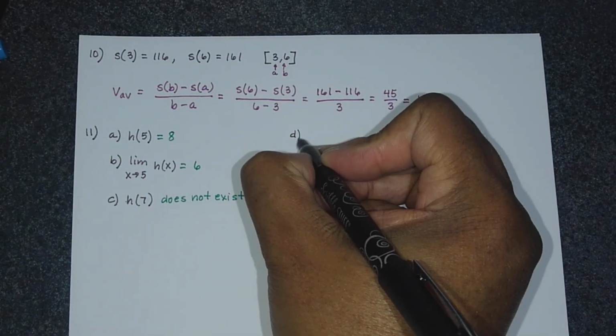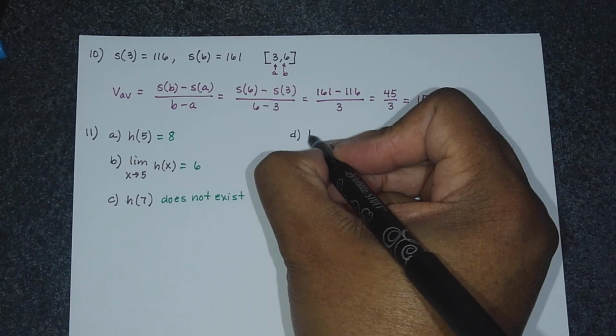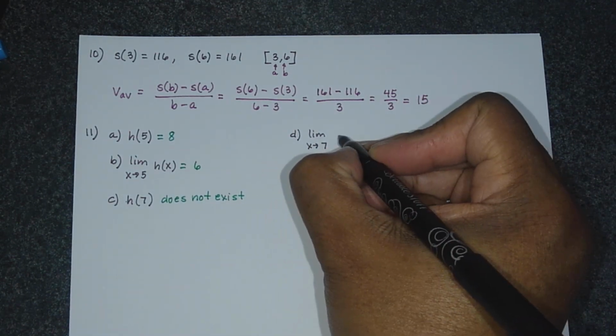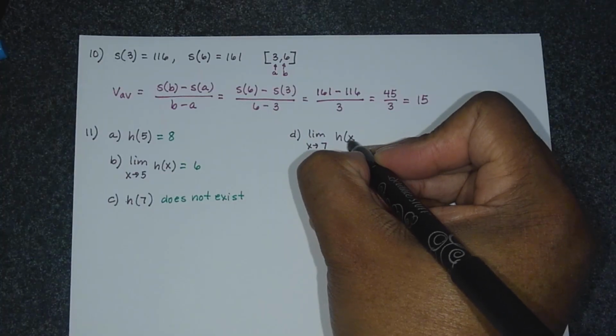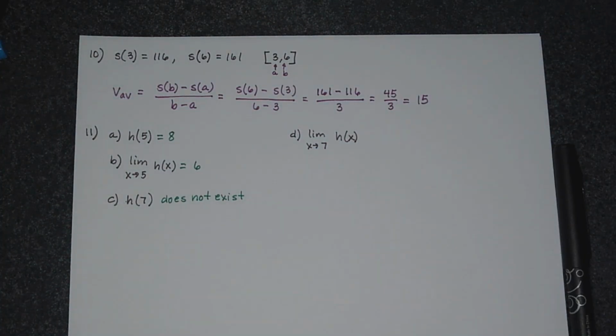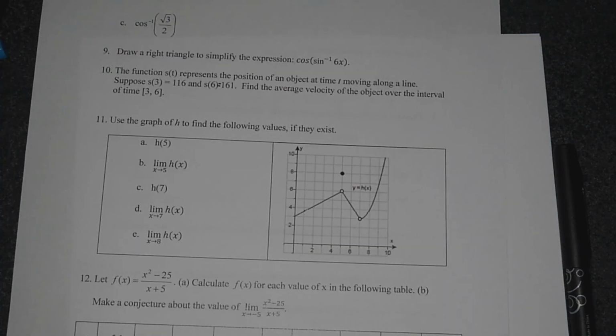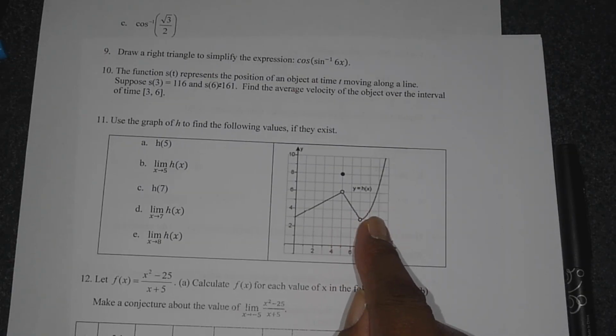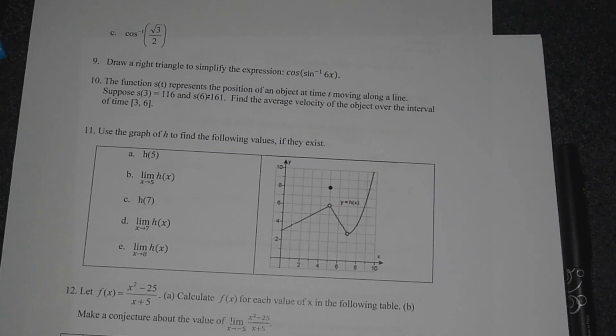All right. Part D, the limit as x approaches 7 of the function h of x. It'd be 3. Here's 7 right here. To the left of 7 is getting closer and closer to 3, and to the right of 7 is getting closer and closer to 3.